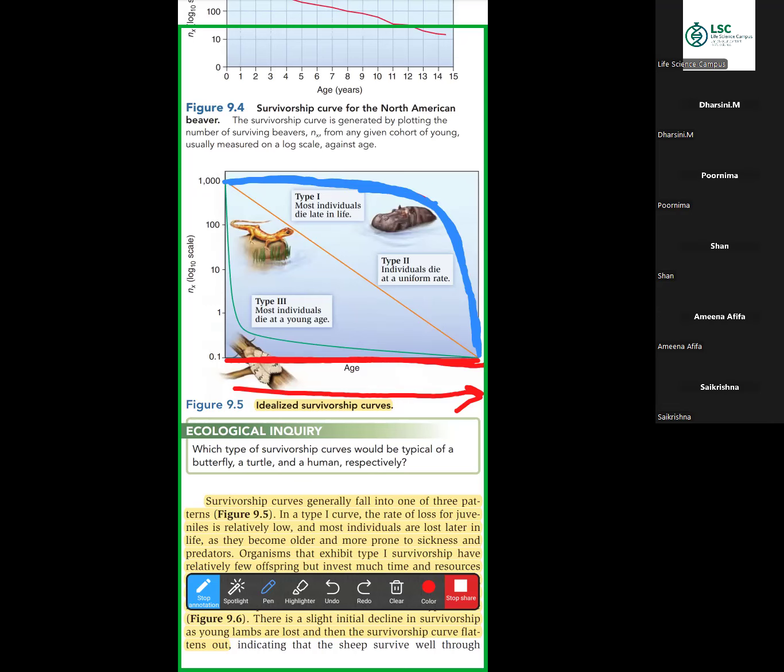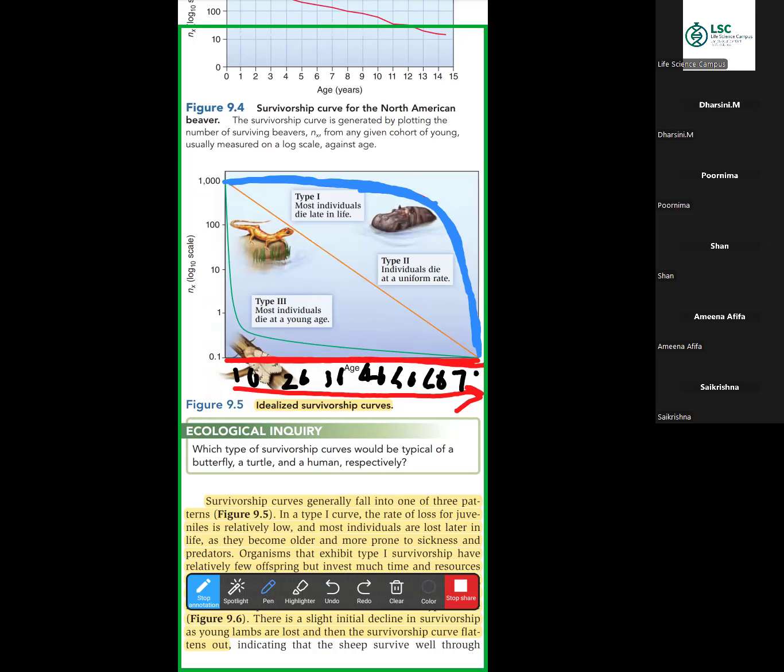So we can put it as 1, 10, 20, 30, or 10, 20, 30, 40, 50. As we move, age will increase.